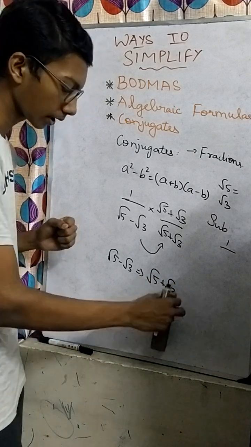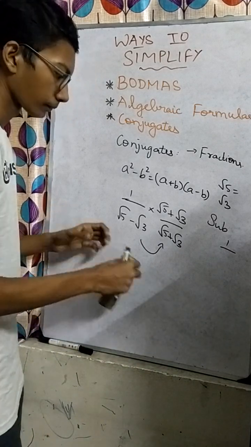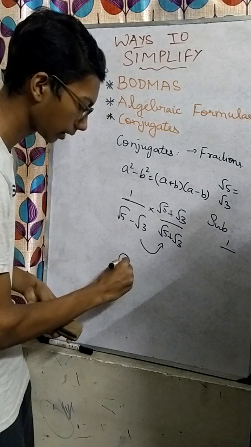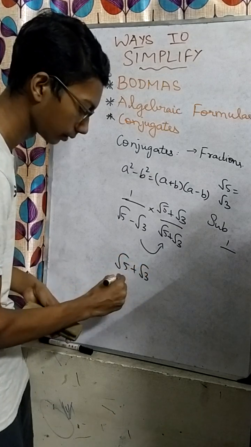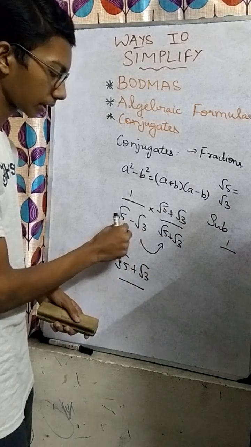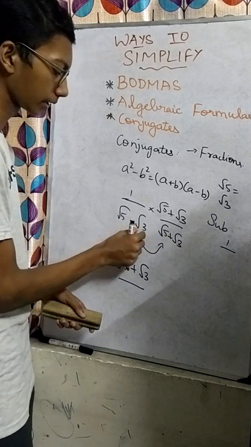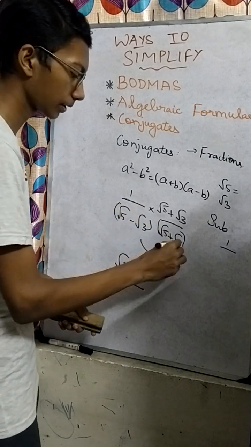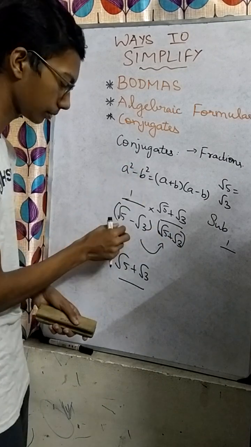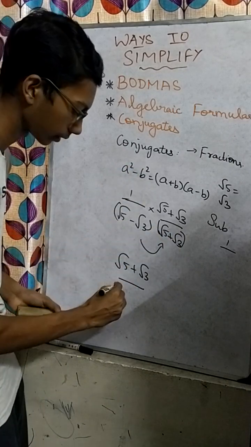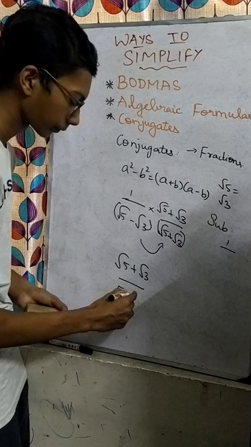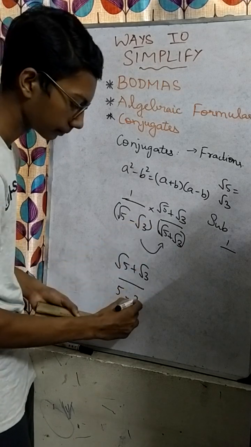So we are multiplying and dividing by this. The numerator becomes root 5 plus root 3. In the denominator, this is a and b, and this is a and b. So (a minus b) times (a plus b) gives a square minus b square. Here a is root 5, so a square is 5, minus b square which is 3.